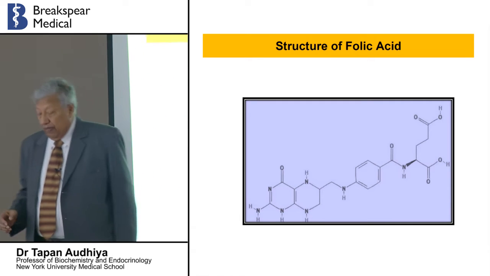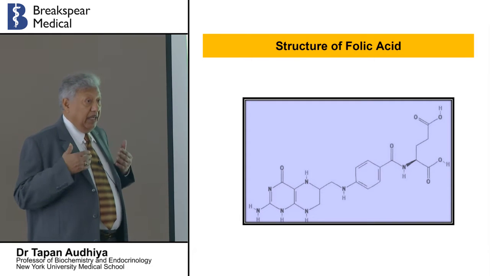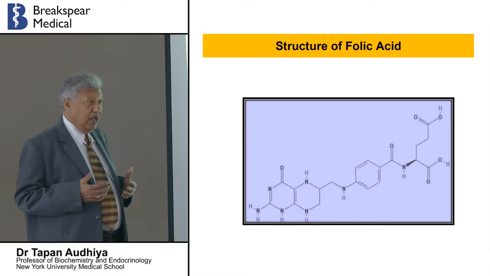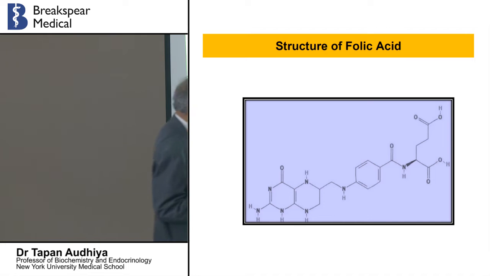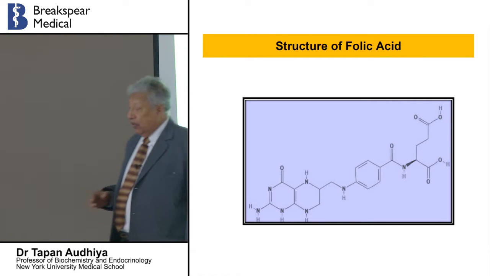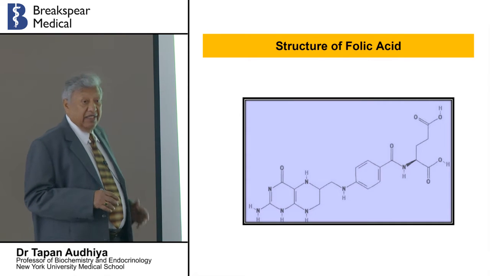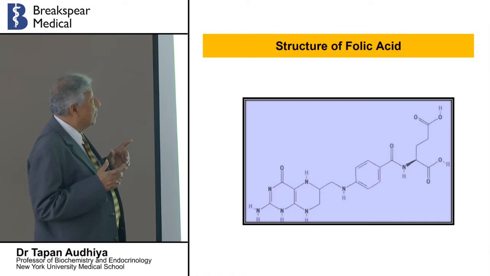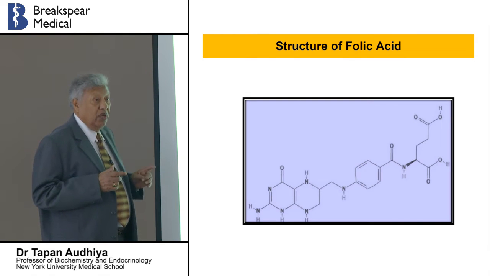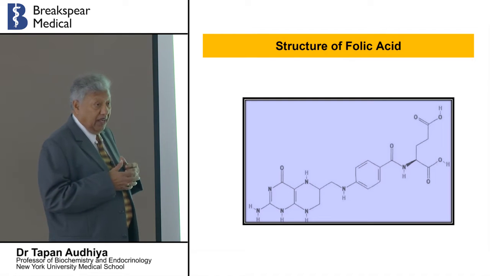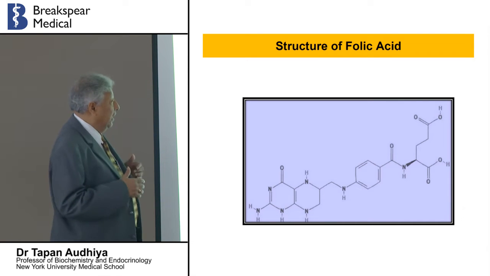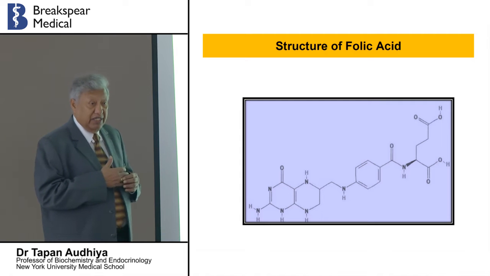Now, for biological purposes, in natural products like spinach or any other dark green vegetables, this glutamic acid is actually six residues. So, the natural one has six residues of glutamic acid and the synthetic one has only one residue. In some cases one residue works out, but in methylation cases, when there is damage, you definitely need six residues.